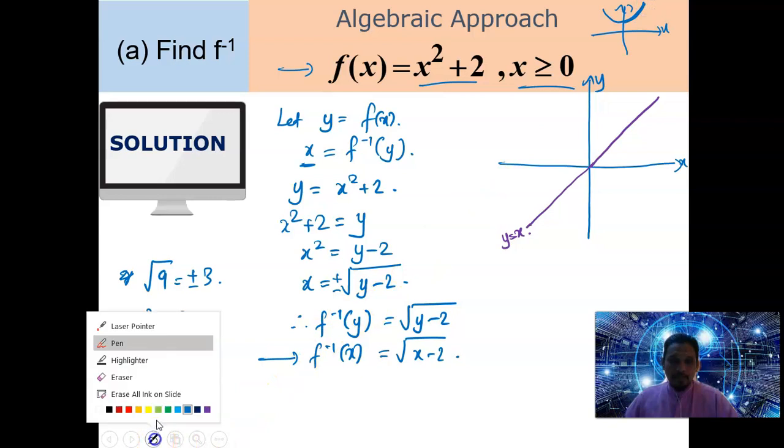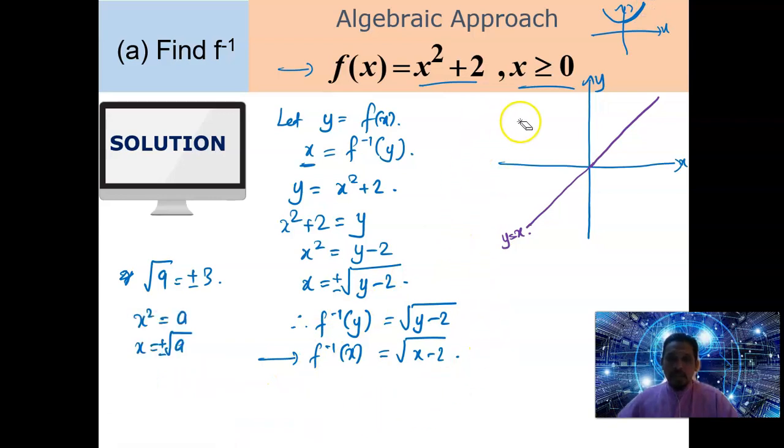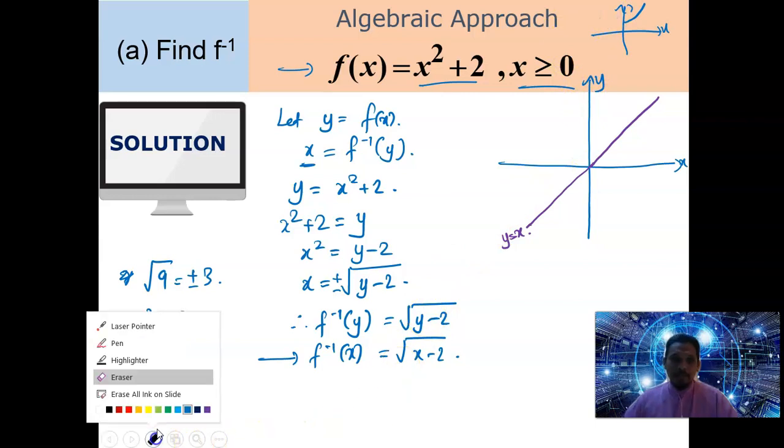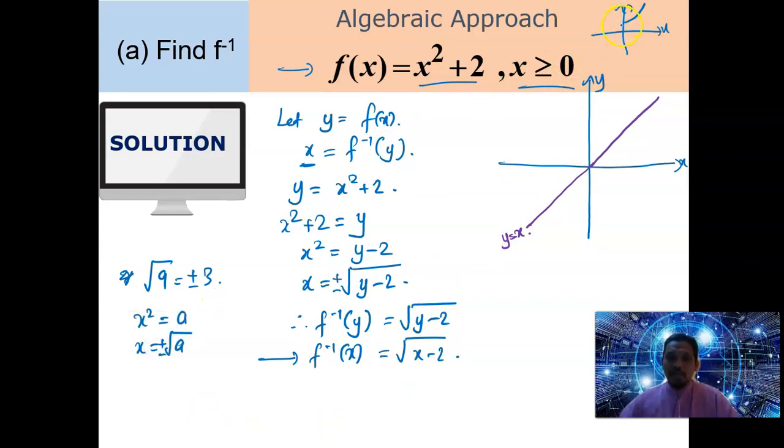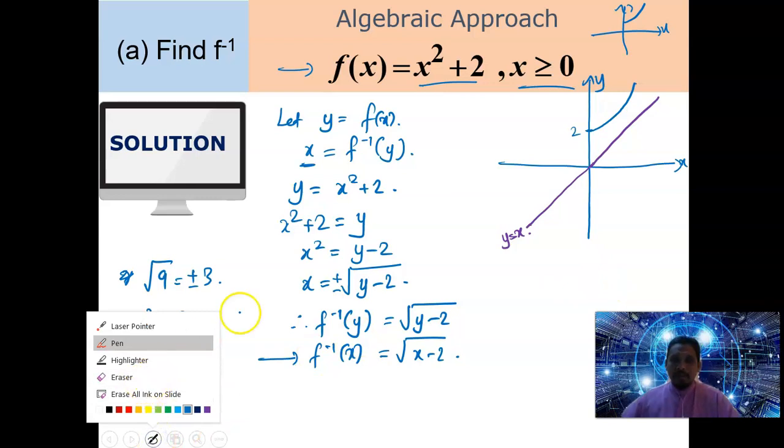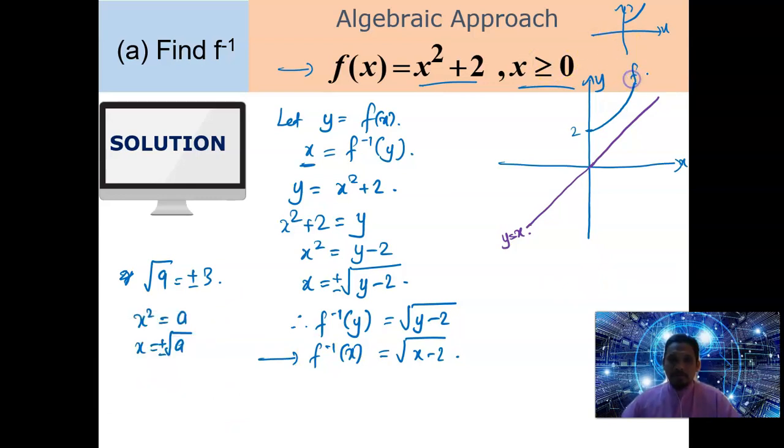Then we erase this part here. So this is the graph of x squared plus 2, where x is greater than or equal to 0. This is the function f.